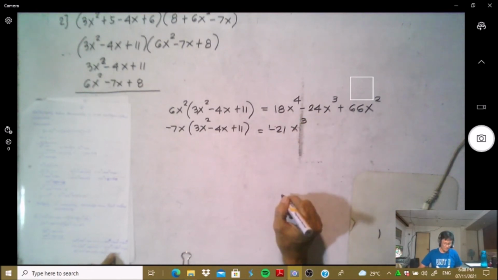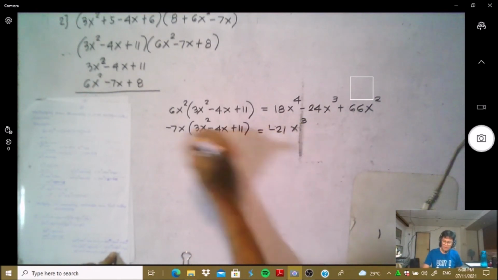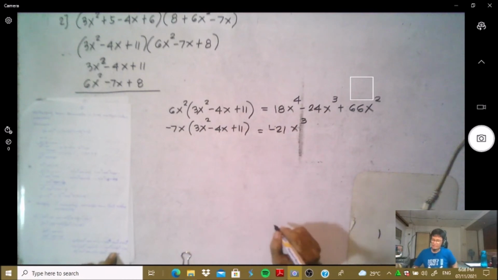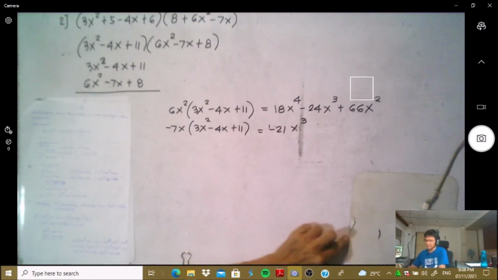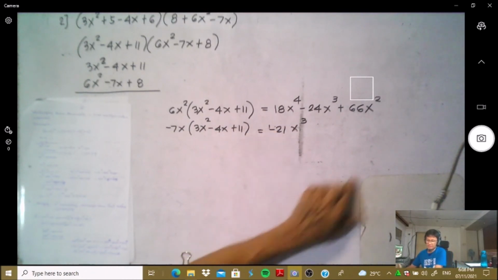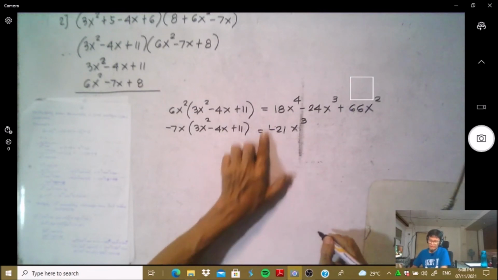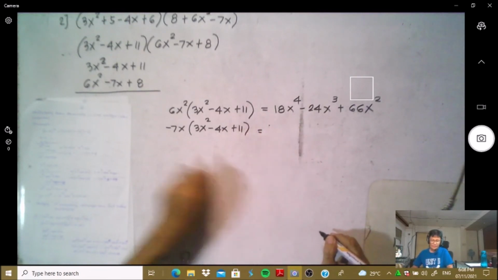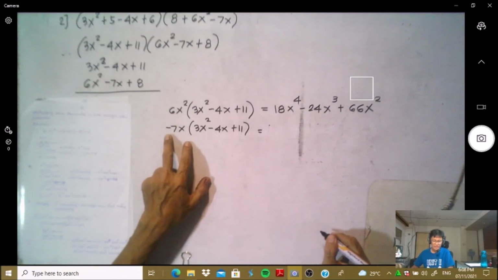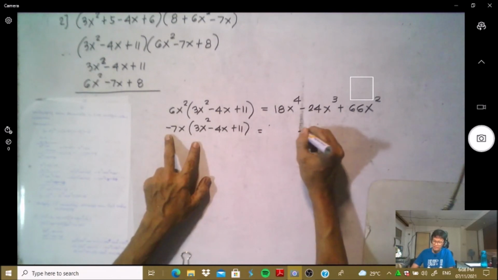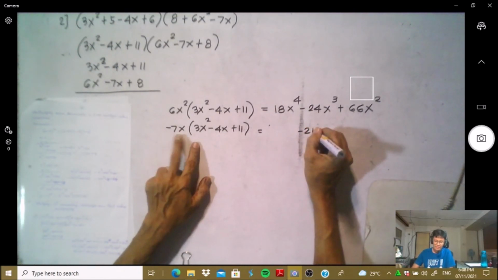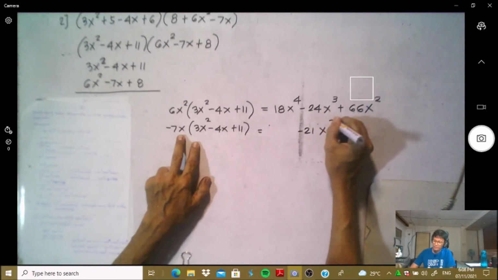Then next is negative 7 times negative 4. So actually, we can write it here. We have, for example, we will start with this: negative 21x cubed.